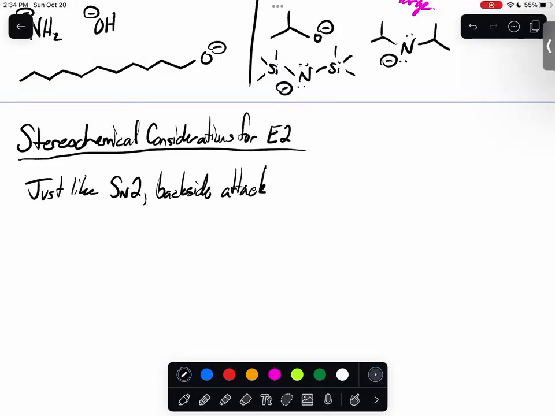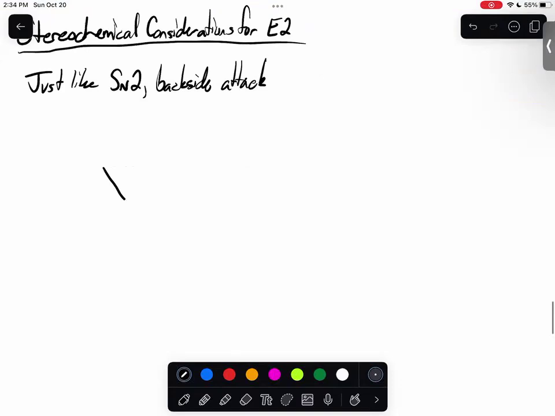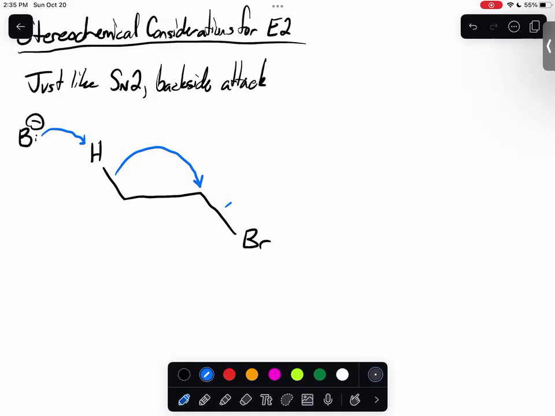What we see is that if we were to draw out a molecule very large, so that's easy to see, when our base comes in and takes the proton, essentially the electrons from the CH bond are going to have to come on over and backside attack to kick out the bromide, right? Or the leaving group. Because in this case, notice that if we were to draw a dotted line here, the electrons coming from that hydrogen are 180 degrees from where the bromine leaving group is.